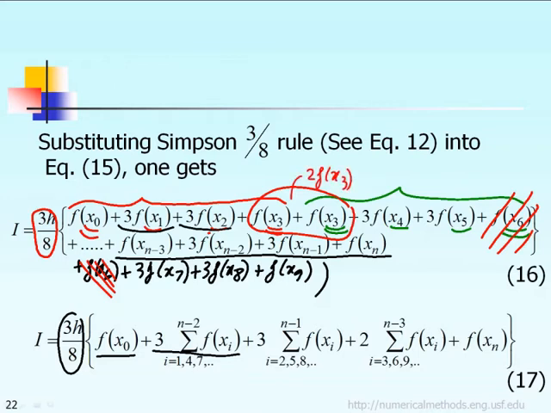So in general, that term is here. And the last term you have will be f(xn), shown here.